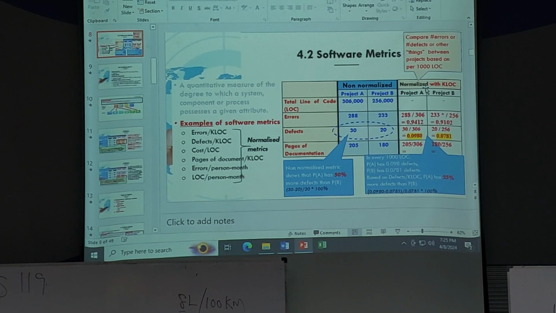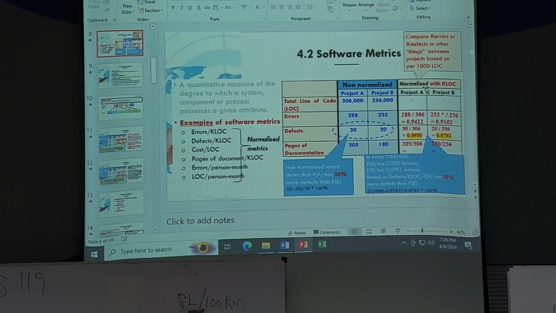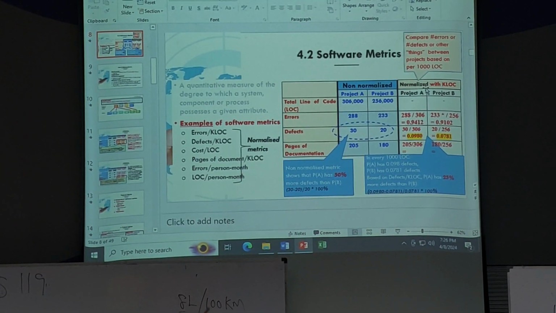For the car industry, what else do they measure? This is what we normally want to see when we buy a car.